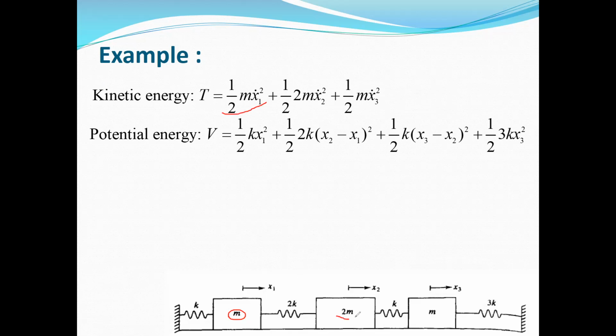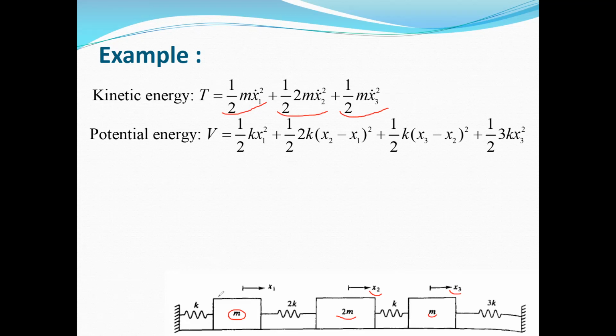We have another mass 2m with velocity x2 dot. So the kinetic energy for this term is half times 2m times x2 dot squared. And finally, we have another mass m with the velocity x3 dot, and the kinetic energy for this term is half m x3 dot squared.